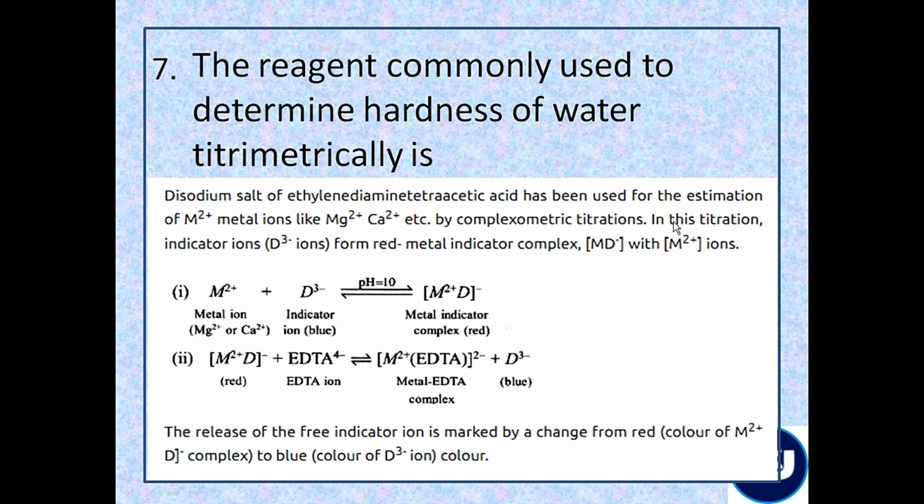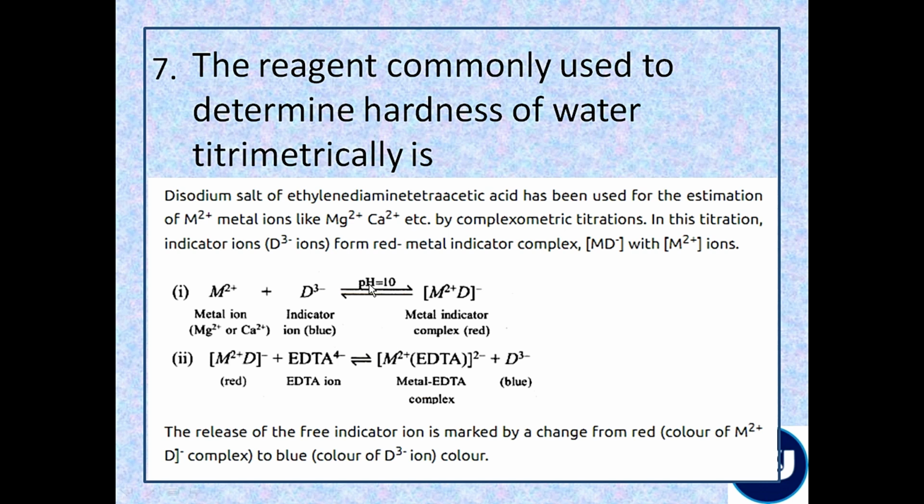In this titration, the indicator ion D3- forms a red metal indicator complex MD- with the magnesium or calcium ions. The magnesium or calcium ion combines with the D3- anion of the indicator, which is blue in color.